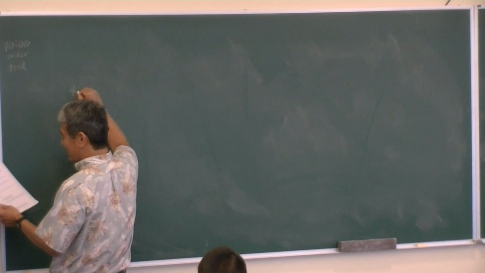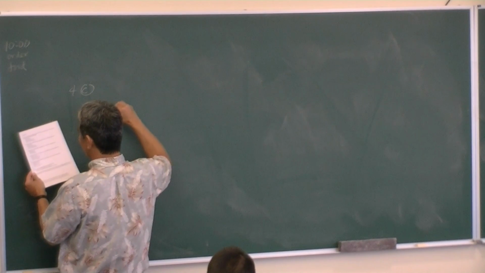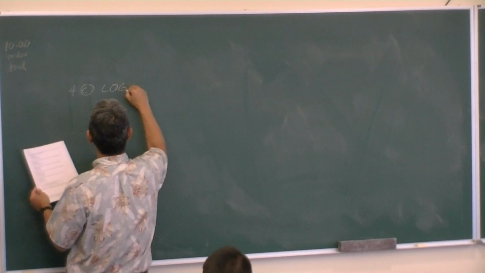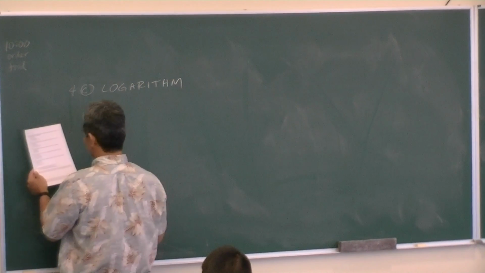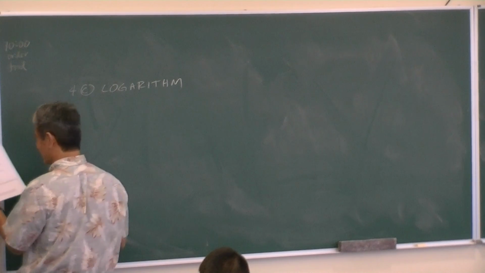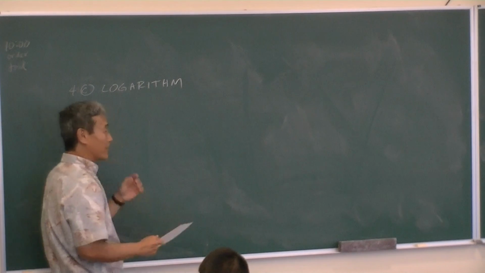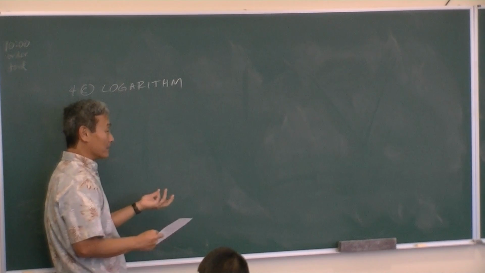Okay, 4C. So we're going to select 3 letters from the word logarithm. Find the probability that at least one is a vowel. What do you do when you see the phrase at least one? You do the complement.